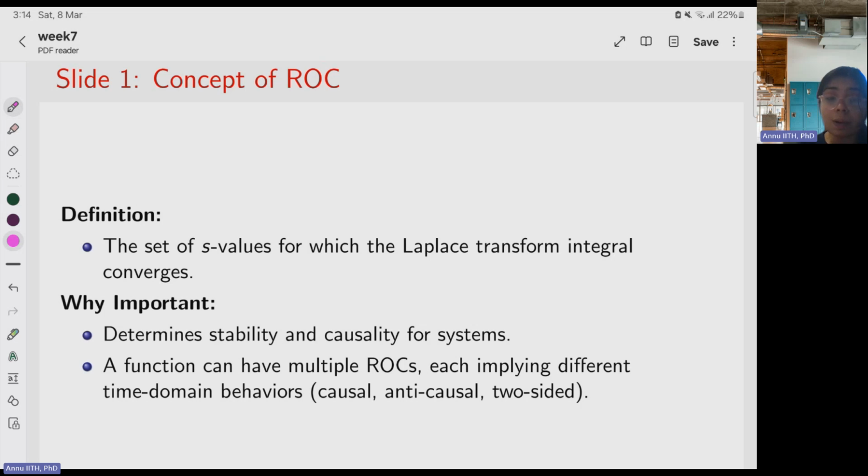Why is it important? Because it determines the stability and the causality of systems. A function can also have multiple ROCs, each implying different time domain behaviors like causal, anti-causal, or two-sided.